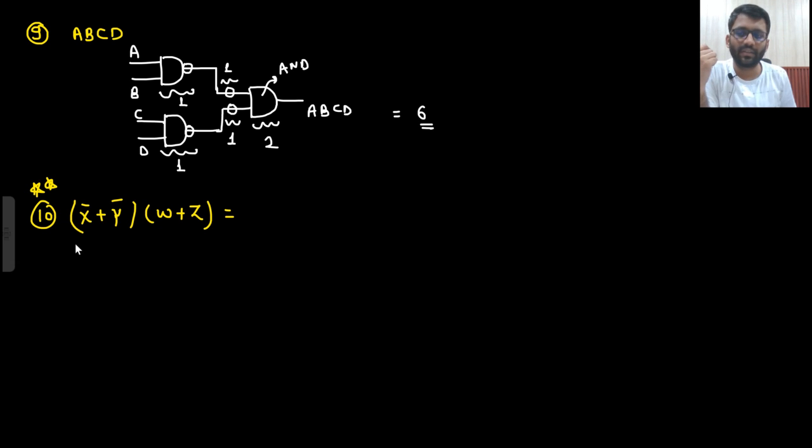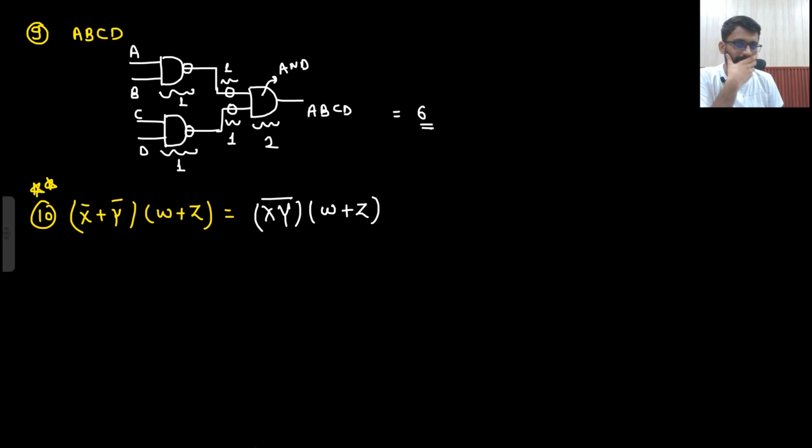How will you change it? This is x bar plus y bar. Can I write it as xy bar into w plus z? Can I write in this manner? And I am assuming A as xy bar. My A is xy bar.